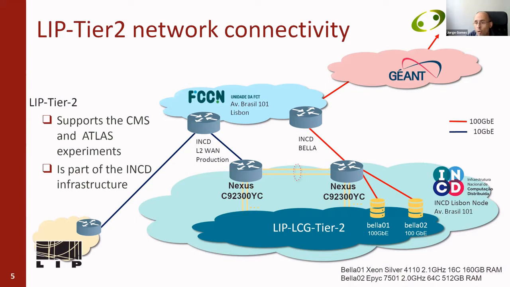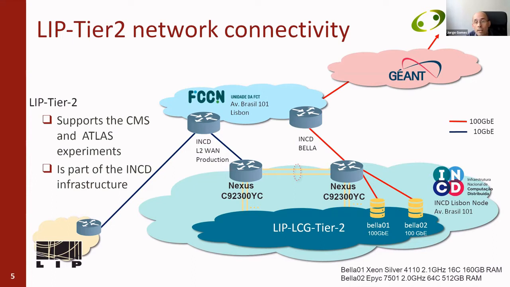For this demo, we set up two servers, BELLA 1 and BELLA 2. Each server has a network interface card with a capacity of 100 gigabit bandwidth, so 100 gigabit Ethernet, and both servers are connected to a Cisco Nexus switch.